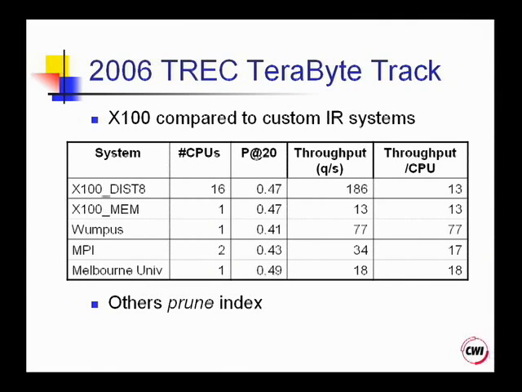We see that throughput-wise, we do reasonably compared to the custom IR engines, but it has to be mentioned that all the other systems prune their index actually, and we process the full inverted file here. If we would prune as well, we could become considerably faster. But as you can also see in the precision at 20, precision of the top 20 results, you can see that this pruning very often also results in a loss of precision.